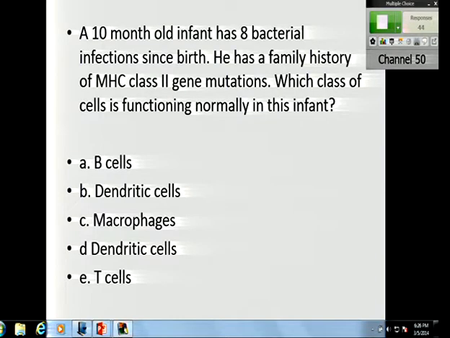T cells do not have MHC2 on their surface. They have MHC1, and therefore T cells are not going to be affected. Remember, T cells have MHC1 on their surface. They don't use it, but they have it because they're nucleated.